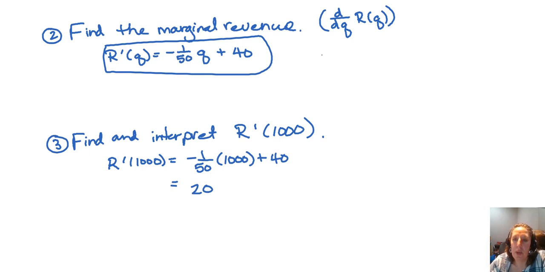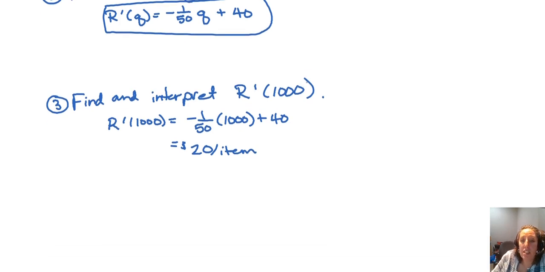Now the units on this: because we are taking our derivative with respect to quantity, and our revenue is in dollars, the units on our marginal revenue are going to be dollars per item. That helps us interpret this. What this is telling us is, while we're pretty close to 1,000 item output, our revenue is going to be about $20 per item.